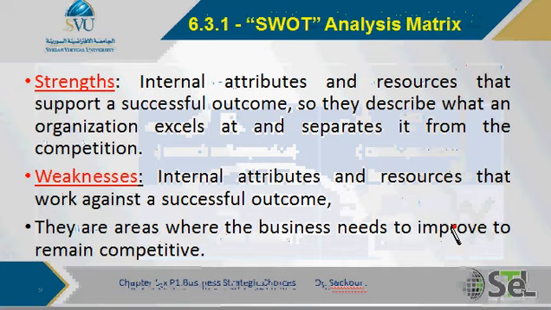In case of strengths, internal attributes and resources that support successful outcomes. They describe what an organization excels at and separate it from the competition. In case of weaknesses, areas where the business needs to improve to remain competitive.